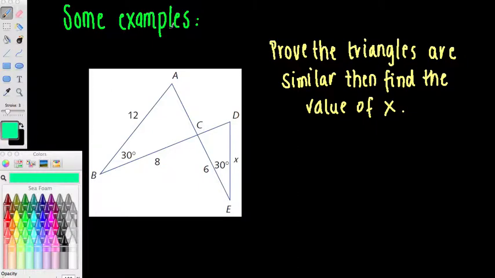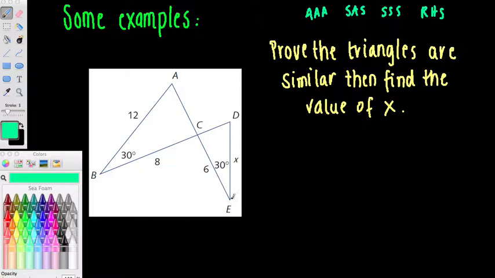What I'm going to do is just examine what information I've got. I need to prove that they're similar, so I need to use one of the tests. So I could use AAA, SAS, SSS, or RHS. As you can see, we've got two sides shown on this triangle, and we've got one side shown on that side.